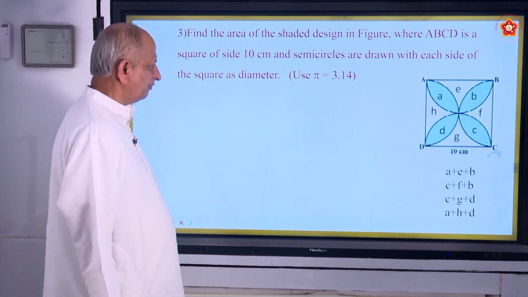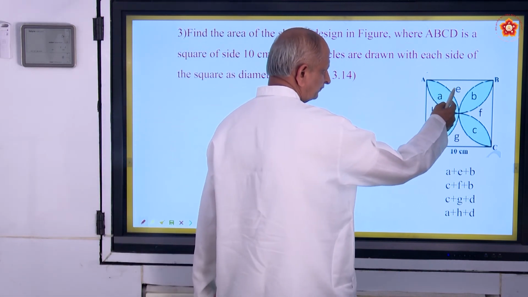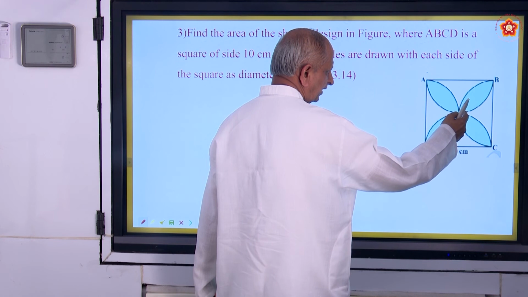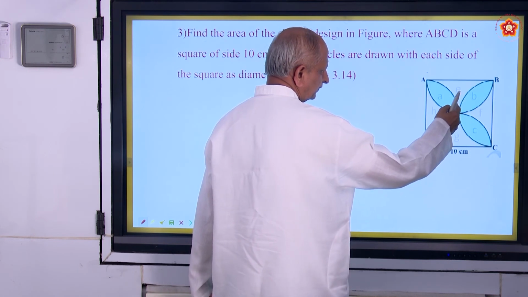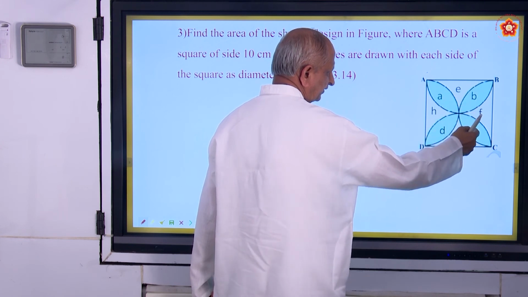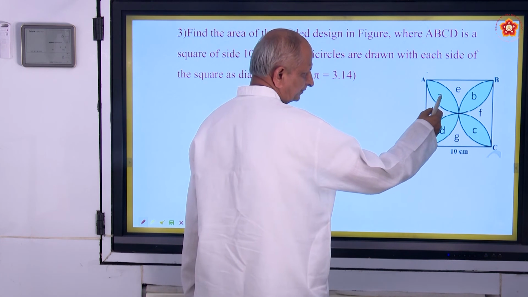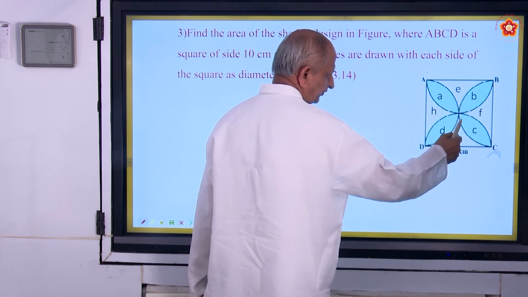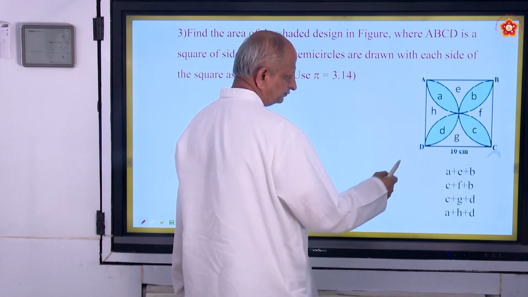so let us name it now. All the shaded region we name it as A, B, C, D, and the remaining as E, F, G, H. Now we will add one by one.